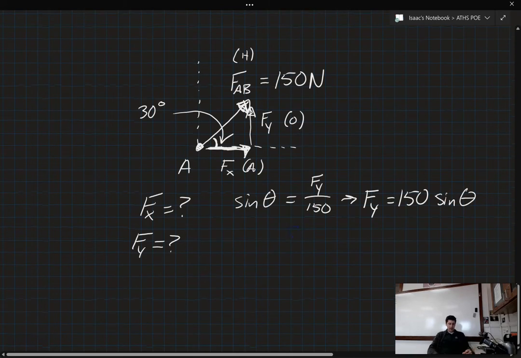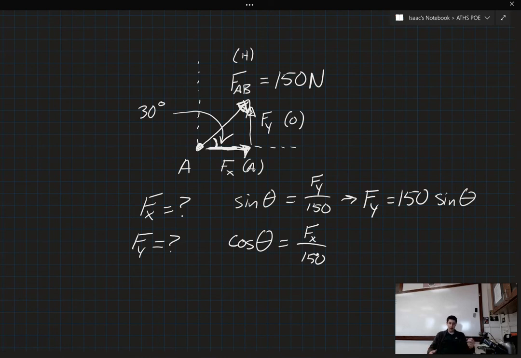For my x force, the x side is adjacent, so I'm going to use cosine since I'm still dealing with the hypotenuse as well. So adjacent is Fx, hypotenuse is still 150, and you can see it ends up being the same math. For both of these equations, we multiply by 150 to solve for Fx or Fy.